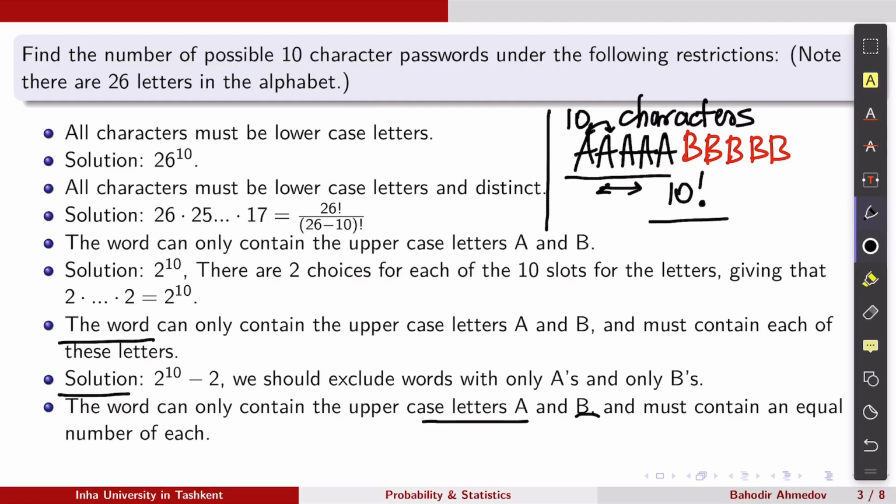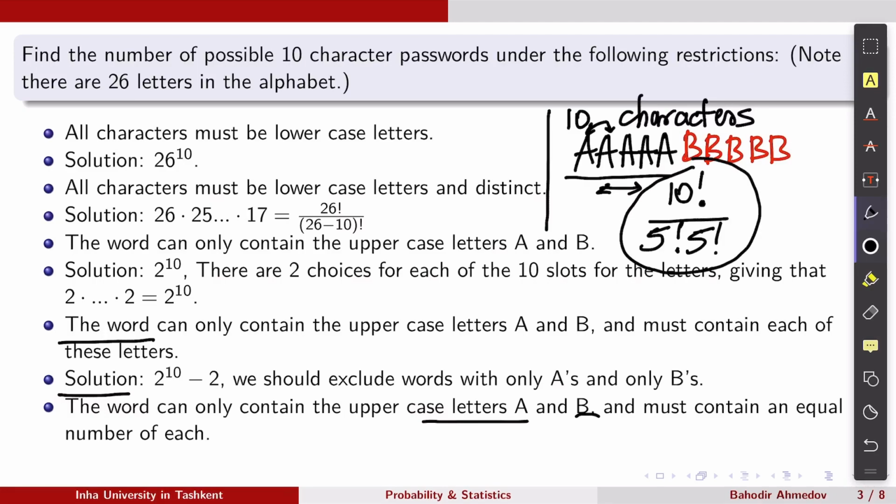So according to the formula, we needed to find the number of the similar letters. In this case, it's 5 A's, so we divide 10 factorial by 5 factorial. And at the same time, we have 5 of the same B's. What does it mean? It means that we need to additionally divide this by 5 factorial.